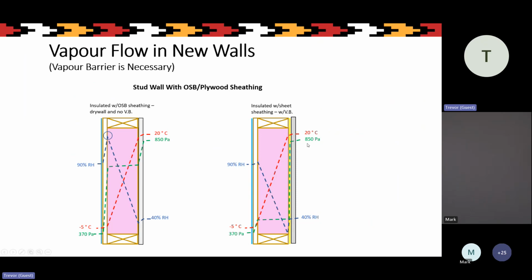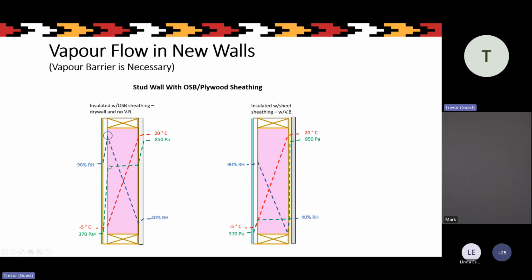And so now we get into more complicated versions of this diagram. But here's the important part. We still have our temperature dropping across linearly, right? Now, in this case, with no vapor barrier, we have a little bit of vapor pressure drop across the drywall and paint, but most of it occurs out here.